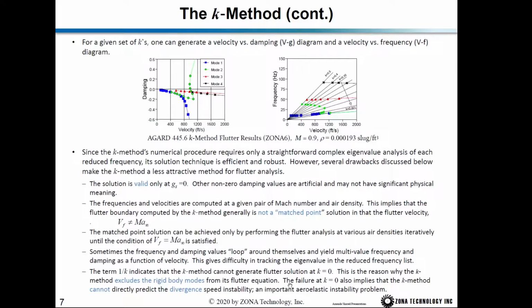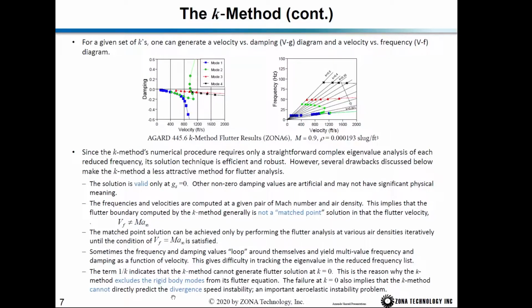The failure at k equals 0 also implies that the K method cannot directly predict the divergence speed instability, and this is an important aeroelastic instability problem.